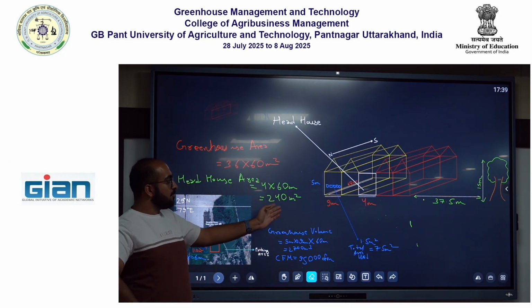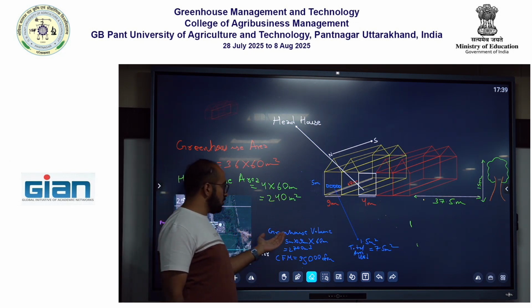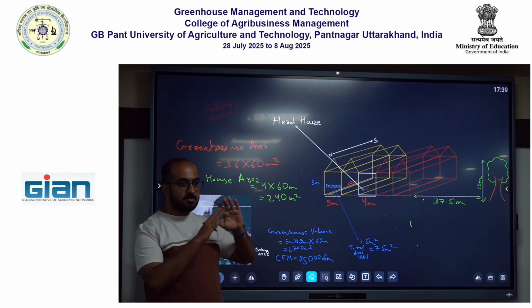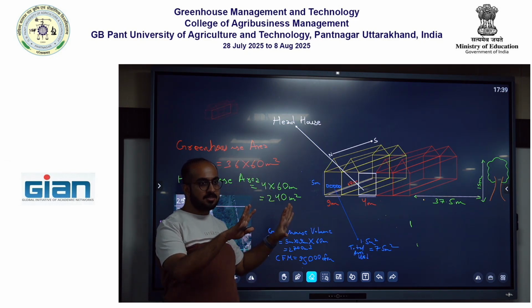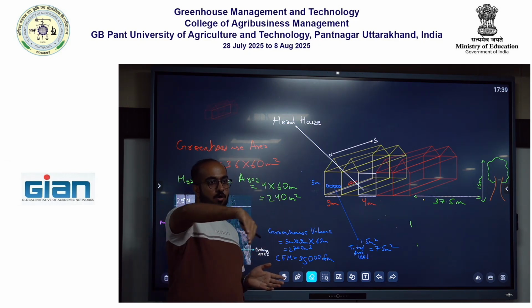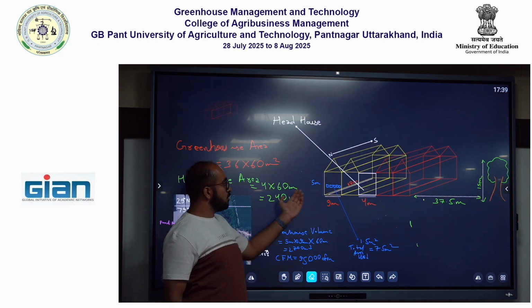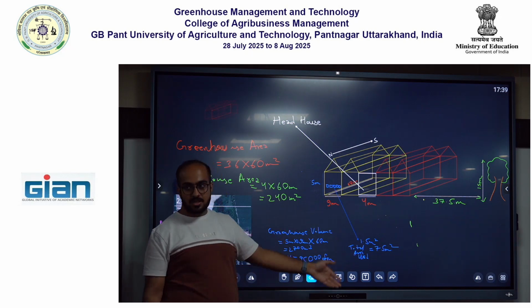Then we moved on to preparing the fan and pad system for our greenhouse. For that we calculated the greenhouse volume, out of which 20% will be taken for the ridge and the cooling pad system, like the total ground area of the greenhouse, out of which 20% will be utilized for this. After getting that formula running, we calculated the capacity of the fan we need is around 95,000 CFM for a single greenhouse.